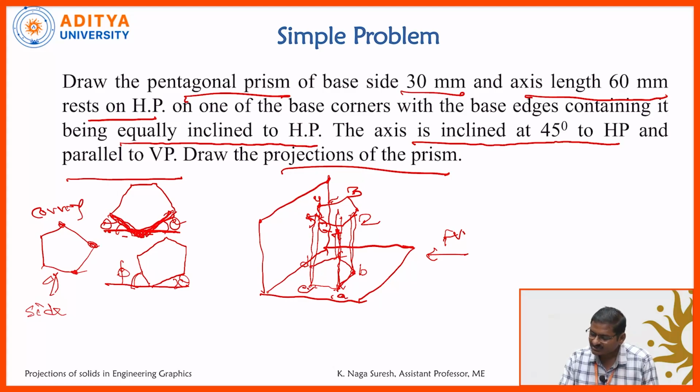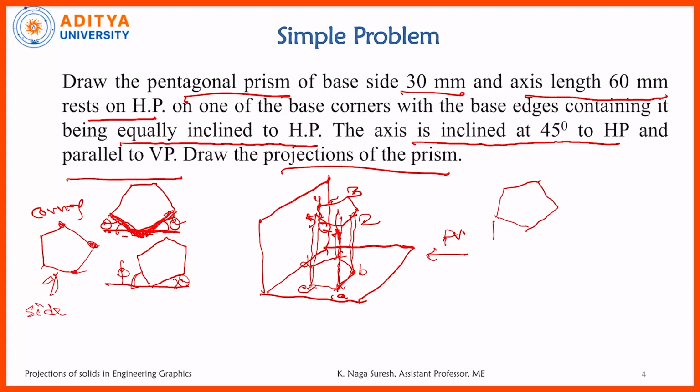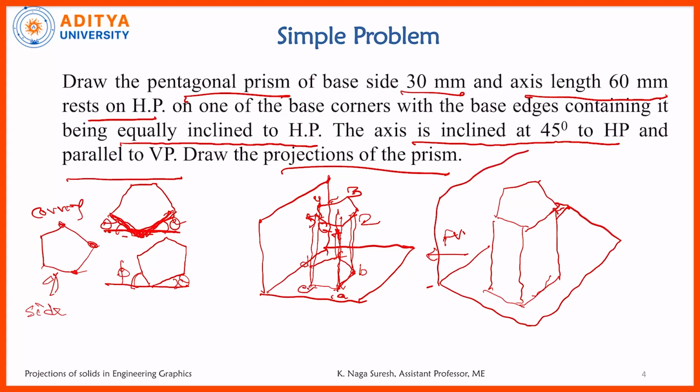So these are the positions of the prism: the prism will be resting on the horizontal plane like this. This is the horizontal plane and this is the vertical plane.